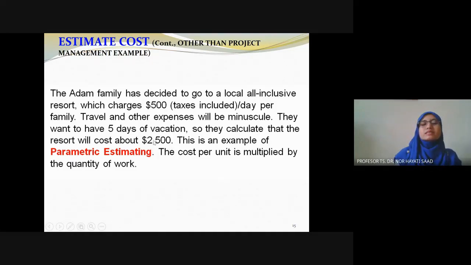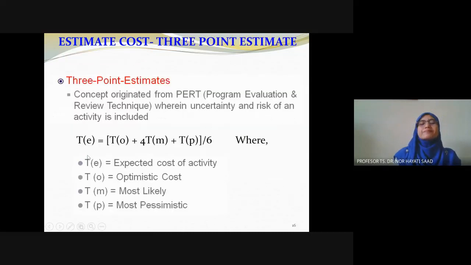That is an example of parametric estimation. Another kind of estimation is the 3-point estimate.